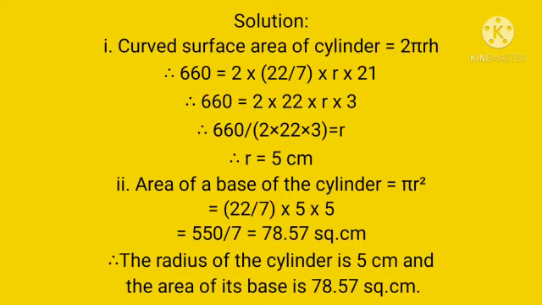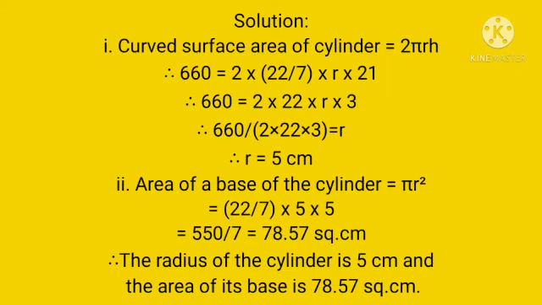Now, area of a base of a cylinder is equal to pi r square. Since the base of the cylinder is circular in shape, therefore 22 upon 7 multiplied by 5 multiplied by 5, which is equal to 550 divided by 7, which is equal to 78.57 square centimeter.